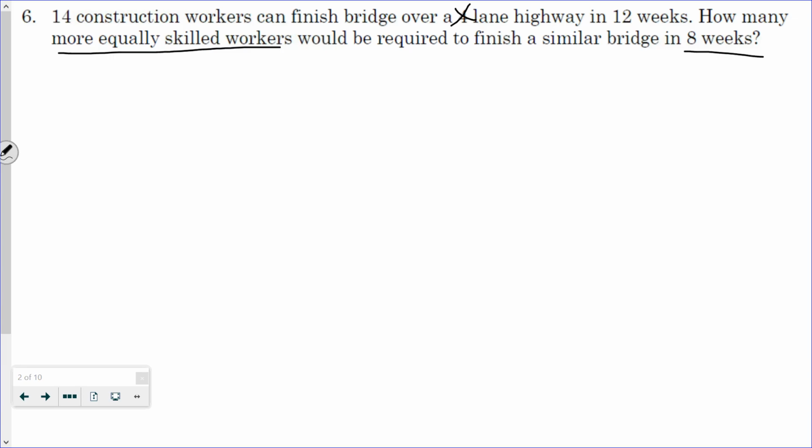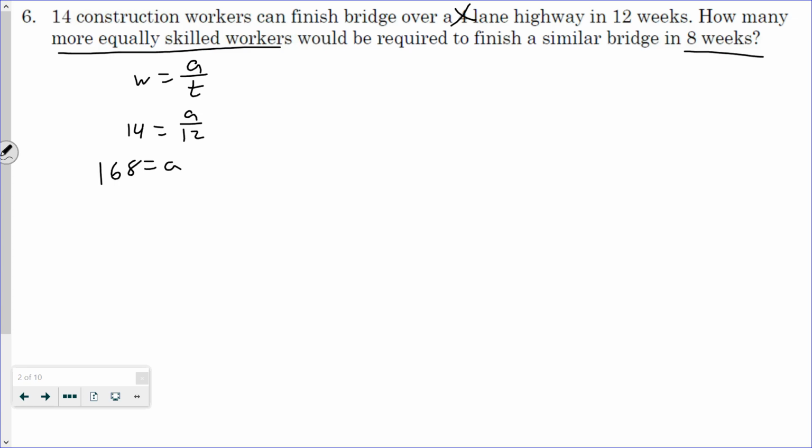So in this case, I know that W will equal A over T. So I can say when I have 14 construction workers, it'll take me 12 weeks, or in other words, my A is 168.